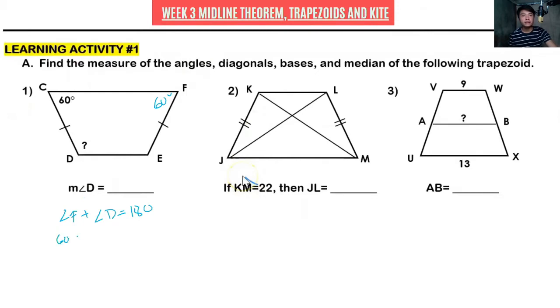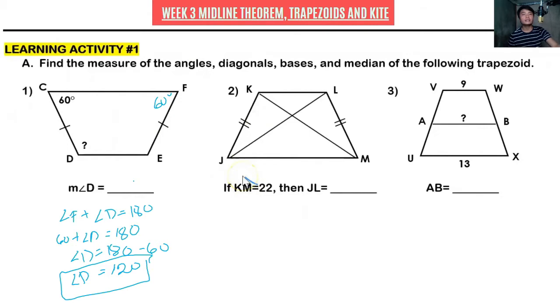Ang hinahanap natin ay si angle D. Is equal to 180. Lipat lang natin yung value, no? Yung lahat ng may value sa right. And then, tira natin si D sa left. So, angle D is equal to 180 minus 60. So, angle D is equal to 120. Naintindihan po? So, the answer is 120.